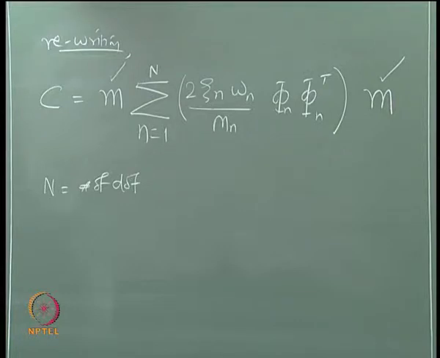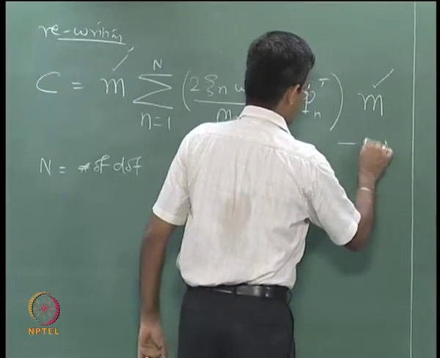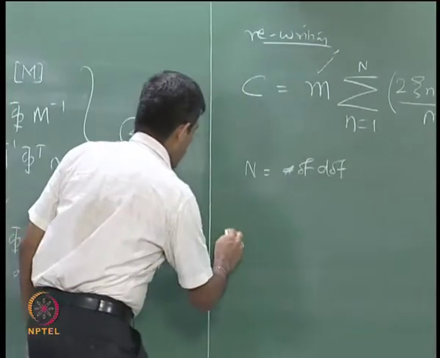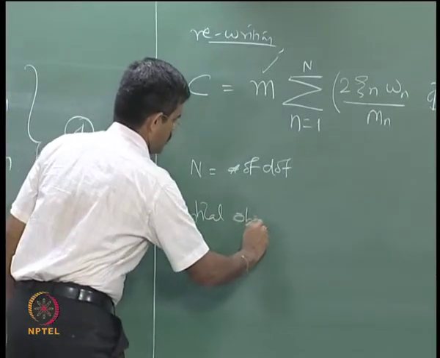Now what are the critical advantages of this particular method? I call this equation number 5. So the critical observations, I am not saying advantages, critical observations of this method.